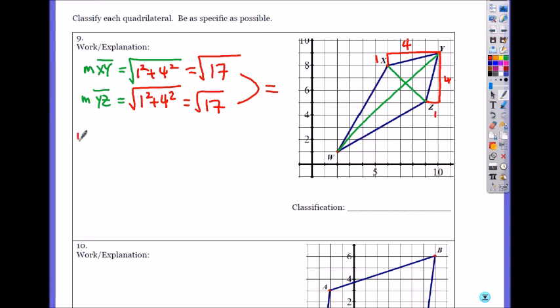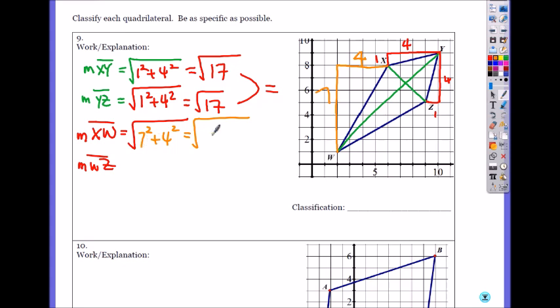What about the measure of XW and the measure of WZ? Let's do XW first. It is 7 across and 4 up. So it is 7 squared plus 4 squared, square root of 49 plus 16, which is square root of 65.